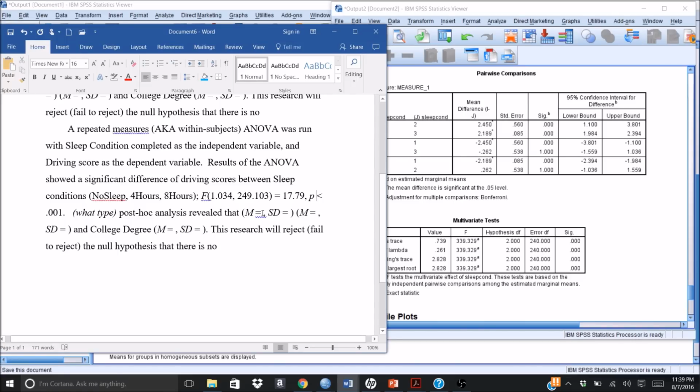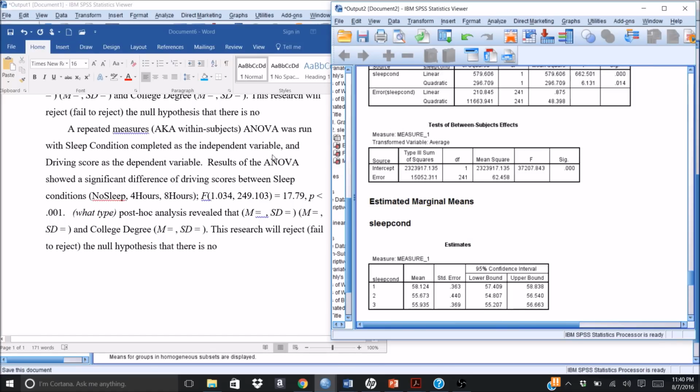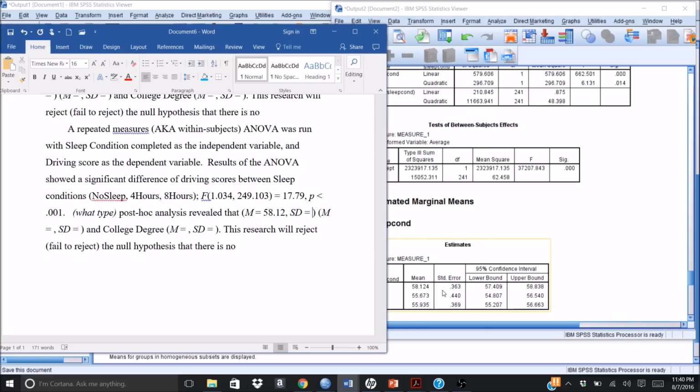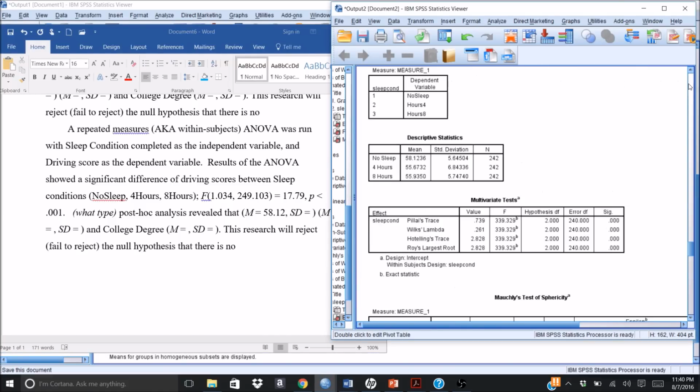So I can put in my mean and my standard deviation for group 1, group 2, and group 3. I can get them right here. Well, actually, it's not going to give me my standard deviation.